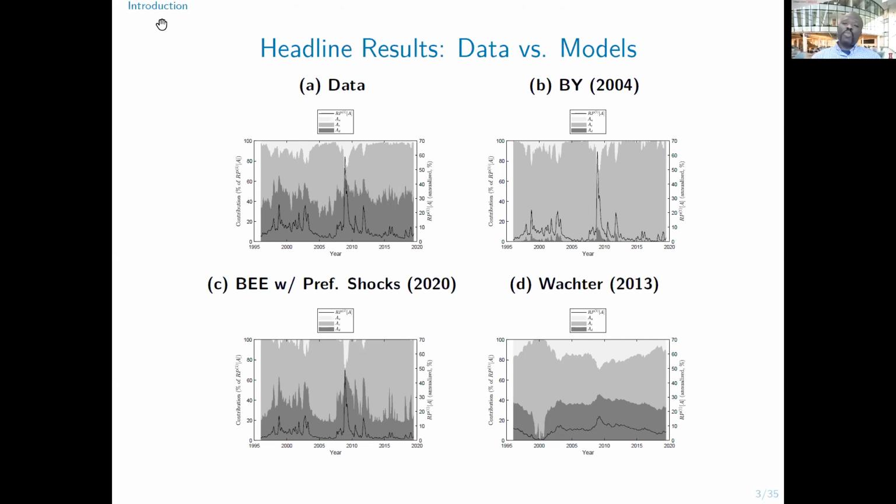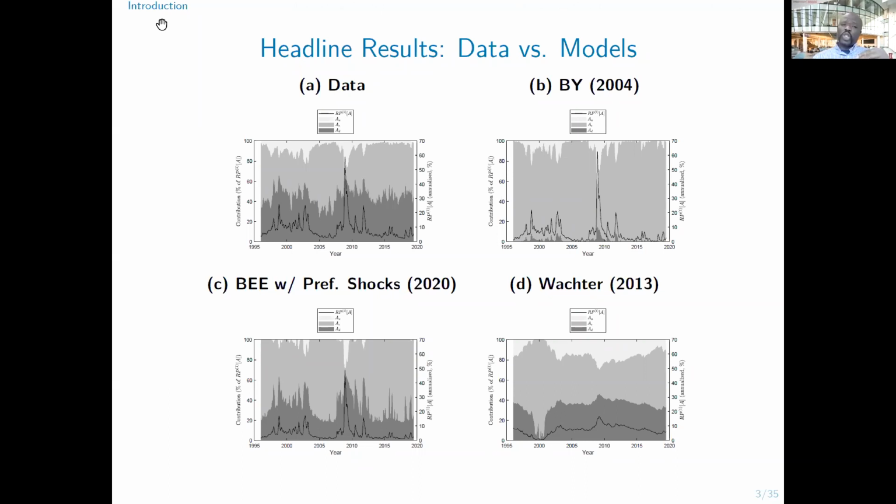And what is really important here is the shaded areas. The darkest shaded area represents the contribution of the left tail of the distribution to the total equity risk premium.